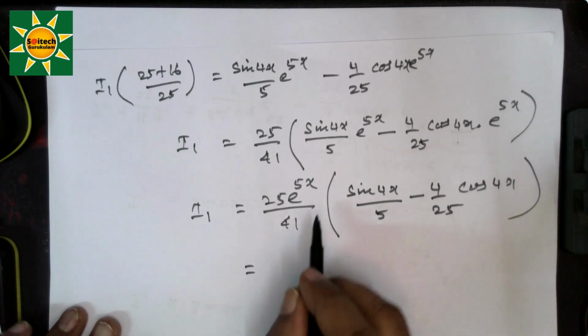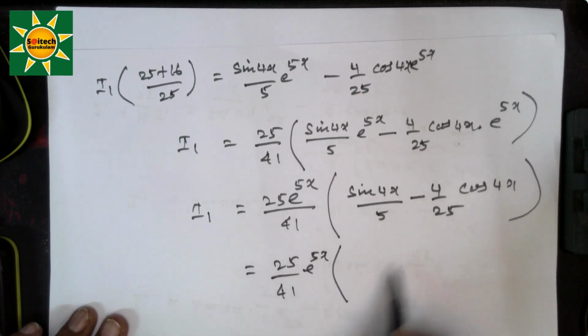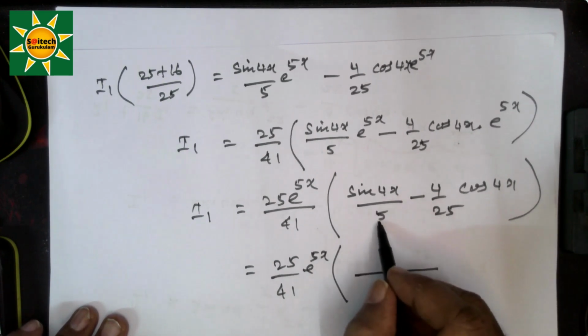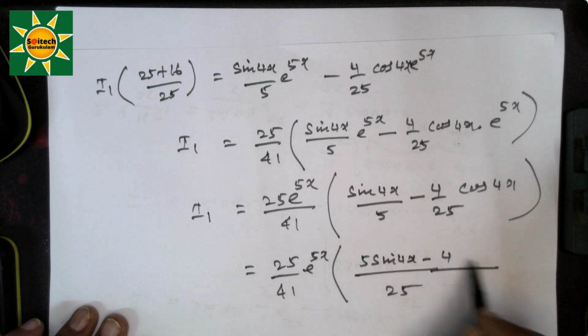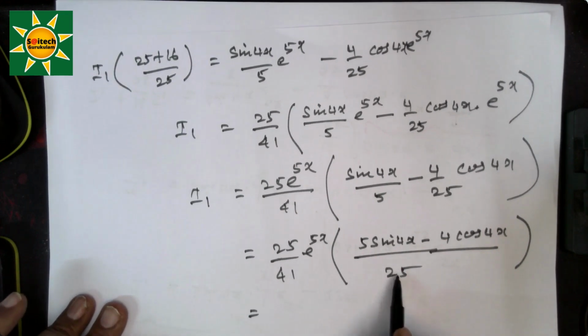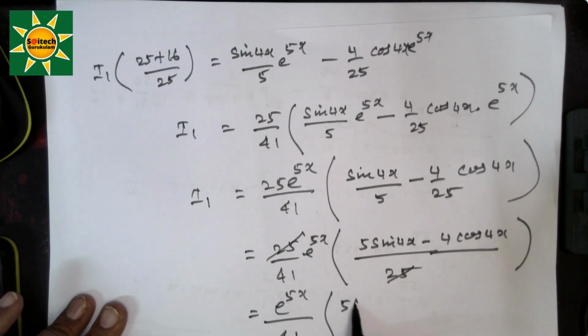This can further be reduced as 25 by 41 e power 5x, open the bracket. Now the LCM is 25, so 5 sine 4x minus 4 cos 4x. Now this 25 can be cancelled, therefore e power 5x divided by 41, open the bracket, 5 sine 4x minus 4 cos 4x, and this is the final answer. Got it?